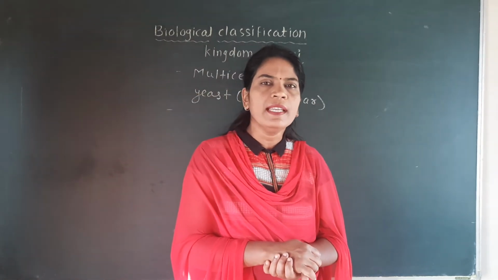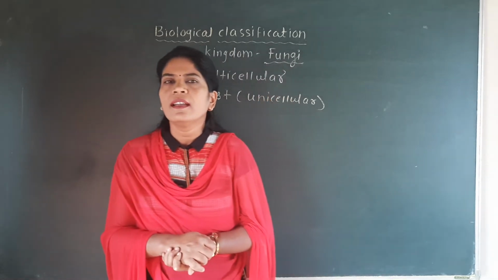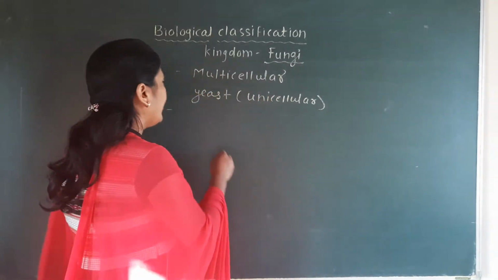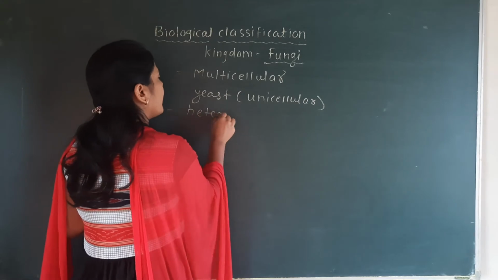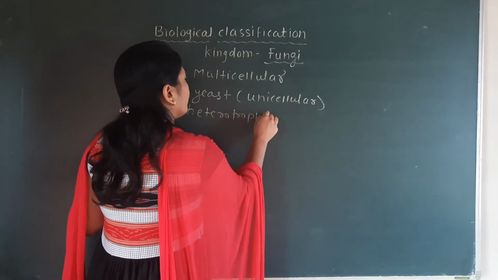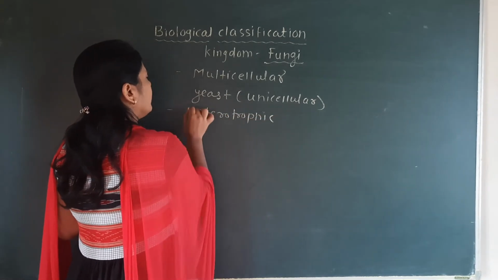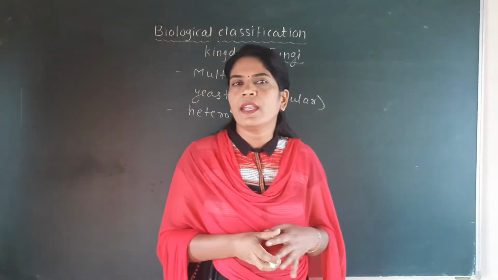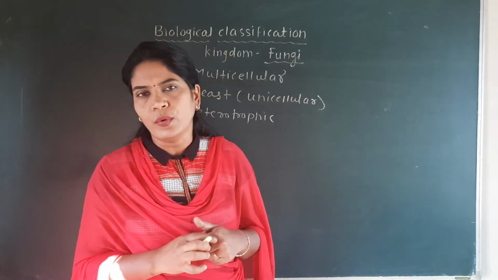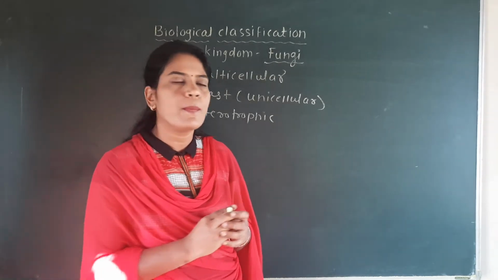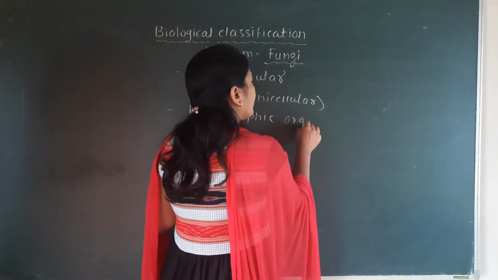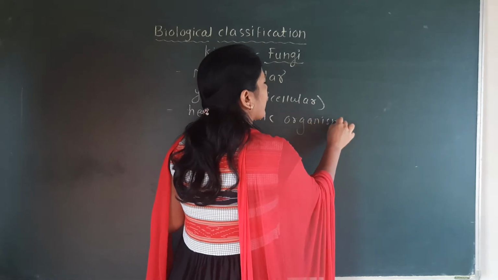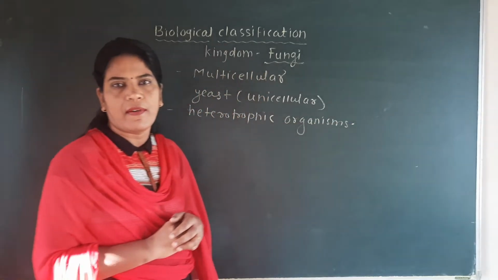Now we will see a number of characteristics of the fungi. In tabular form, we see that fungi are heterotrophic organisms. They are heterotrophic, not autotrophic, because fungi do not have a structure which can prepare their food. So they always depend on other organisms for their food requirement.